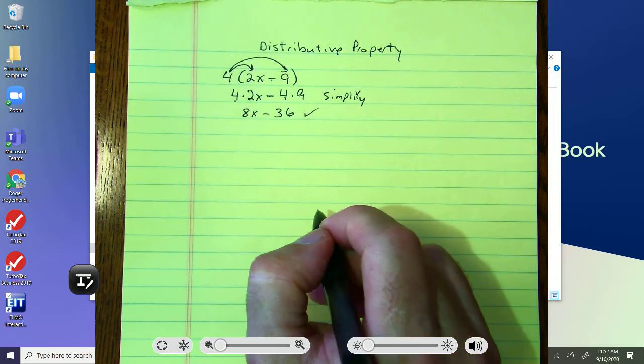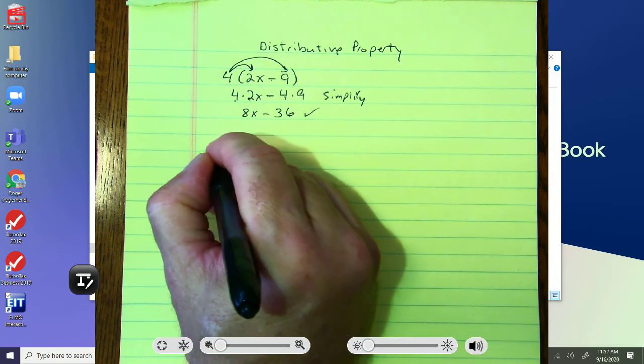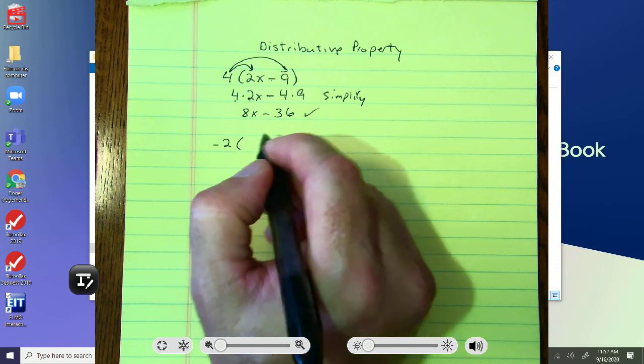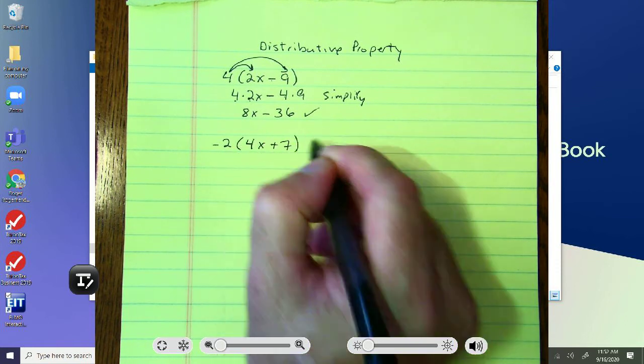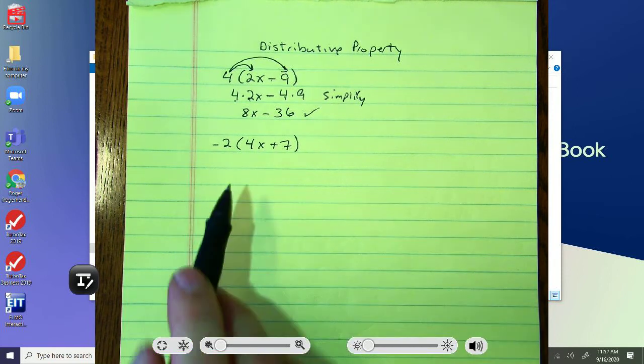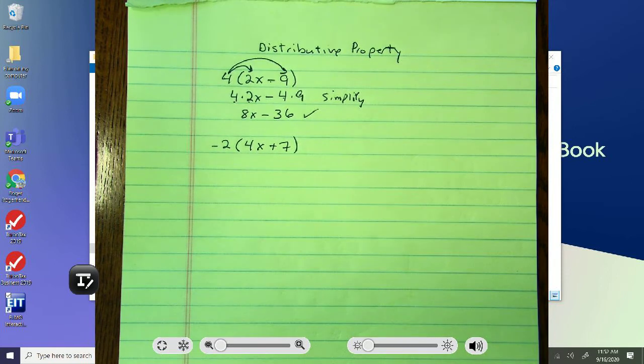Now if we add a negative number to the outside, and our quantity is 4x plus 7, I want you to do something for me: every time you distribute this negative number, or move a negative number in for substitution, go ahead and put it in parentheses.